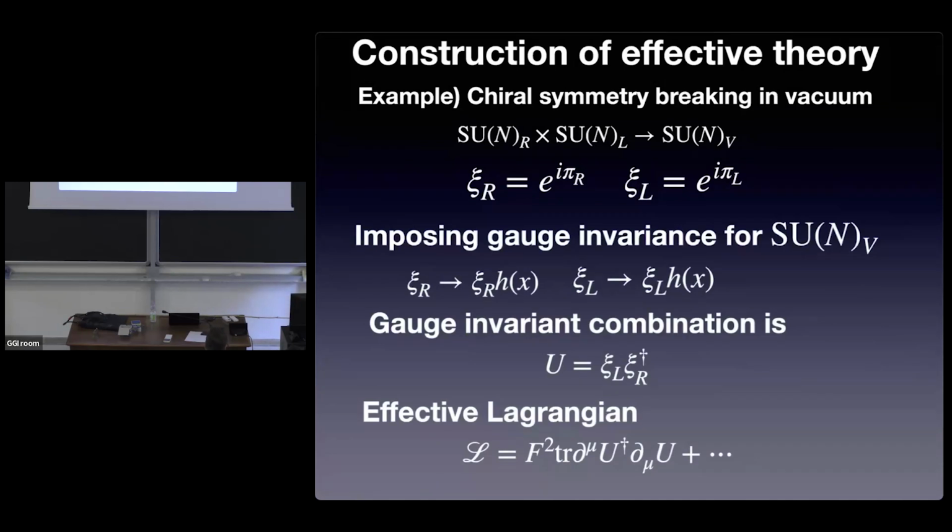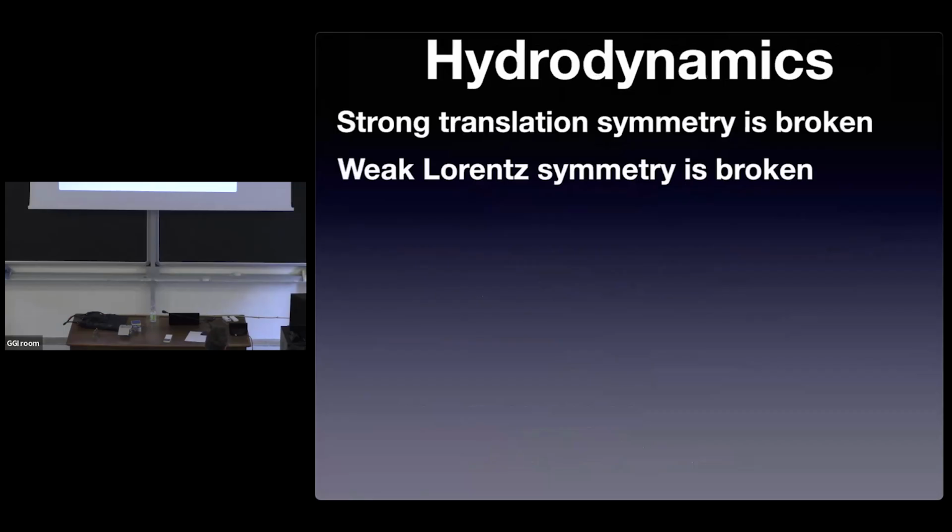Okay. So this is a process of the construction of effective theory. Now let's apply this idea to hydrodynamics. Since any susceptibility, for example, is non-zero in thermodynamics, this means the strong translational symmetry, space-time translational symmetry, is spontaneously broken. And also the weak Lorentz symmetry is spontaneously broken because of the existence of matter.